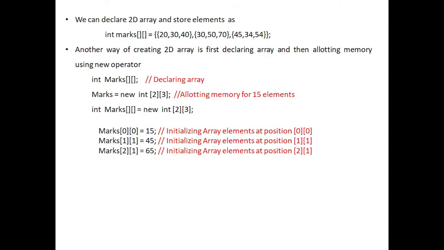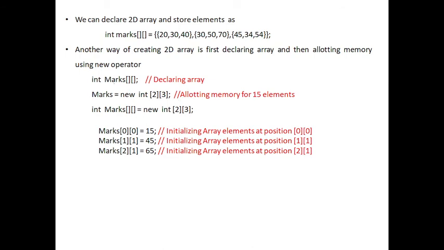So here in this statement, instead of writing these two separately, that is declaration and allotment of the memory, we can combine these two statements and write like this. It becomes like this: this is the declaration, int marks with two subscripts of index, is equal to new int 2 3.